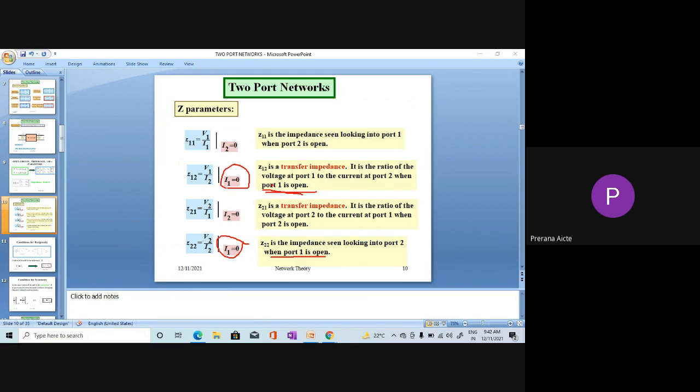So if you open port 1, I1 is equal to 0. From these two values, you will get the Z parameters Z12 and Z22. See the way you approach the Z parameters in order to solve the Z parameter equations. So by opening port 1, Z12 and Z22 are achieved.